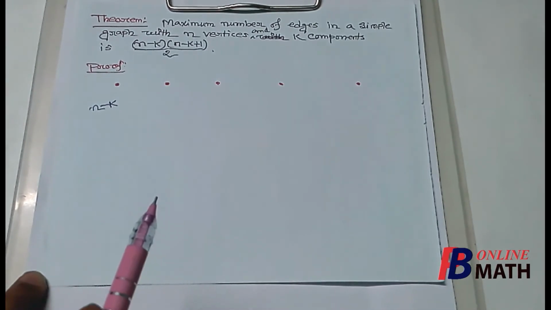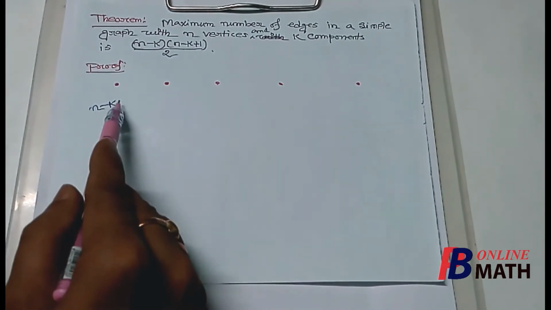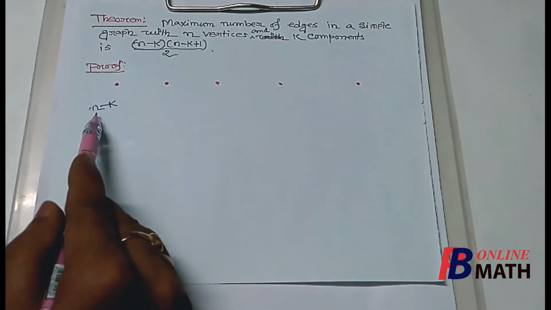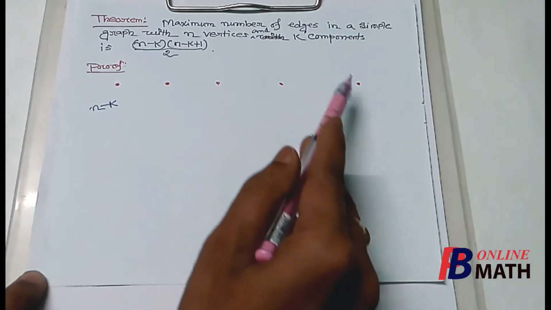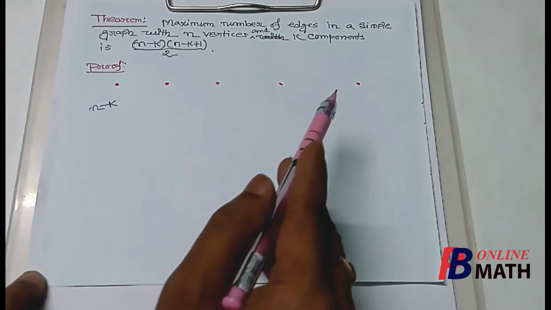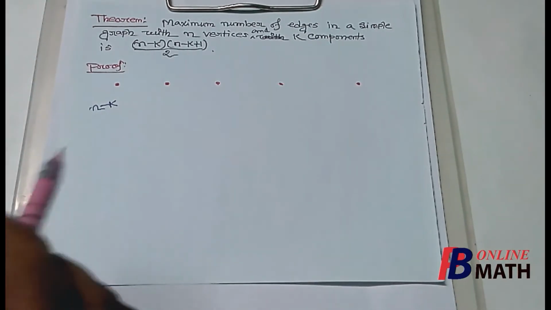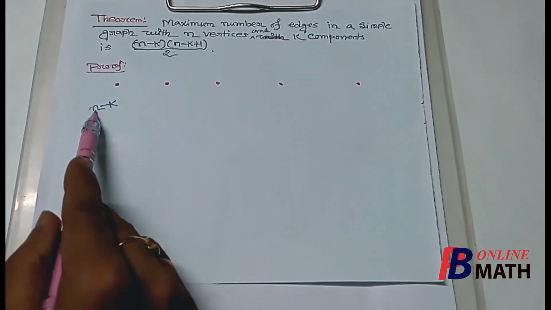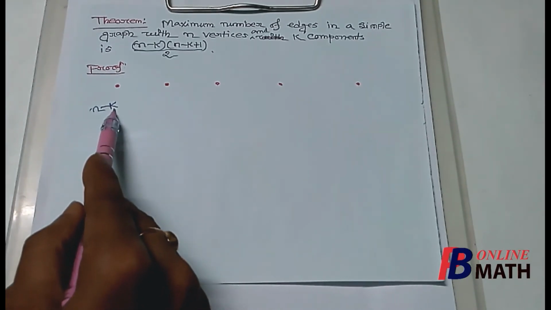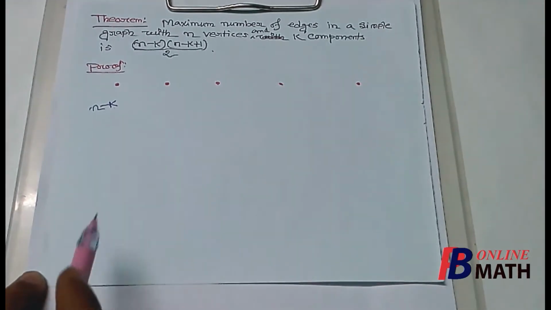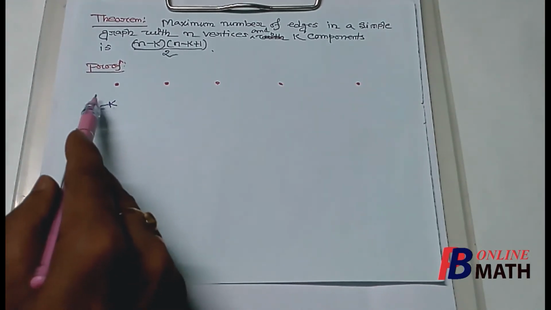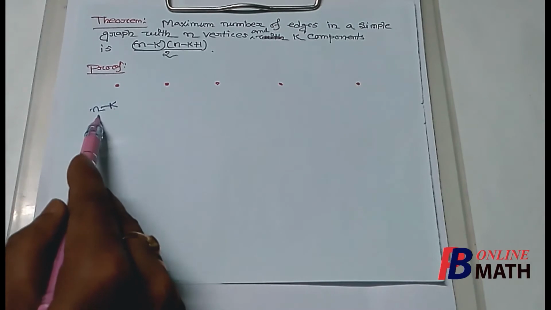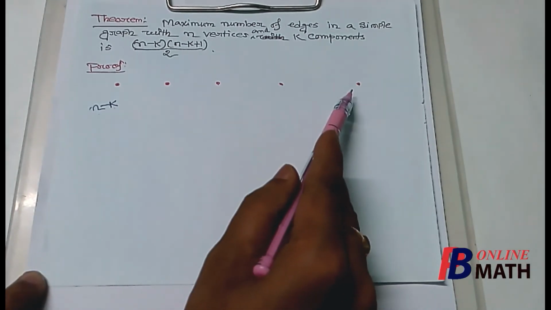Now we claim that if we put all these n minus k vertices in a single component, then we can get the maximum number of edges. Now let us find the number of edges if we put all these n minus k vertices in a single component. Suppose we are putting all these n minus k vertices in the last component.